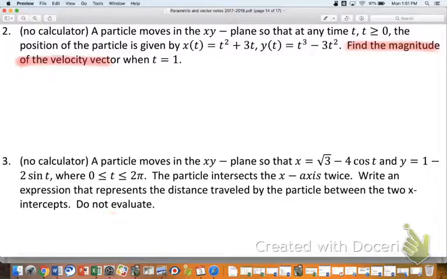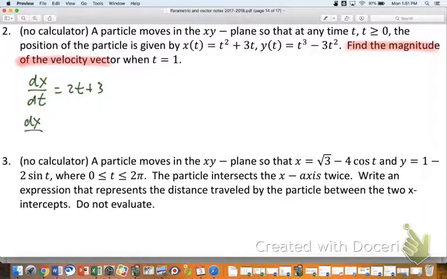It's the same thing. But what you've got to do is take the square root of the two components of velocity squared and added together. It's basically just the resultant vector. So, dx/dt equals 2t plus 3.